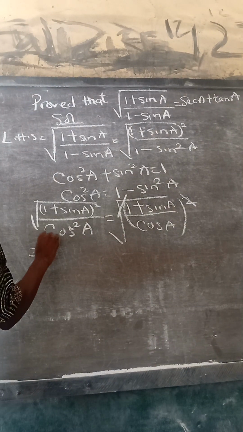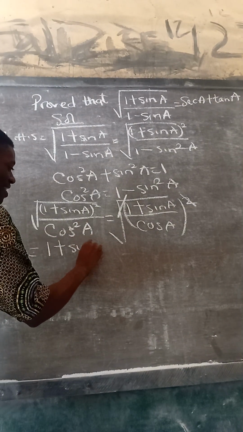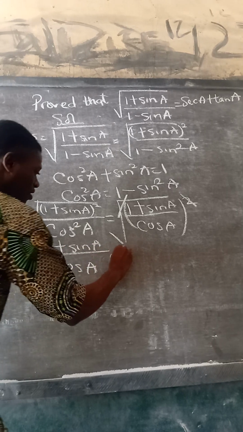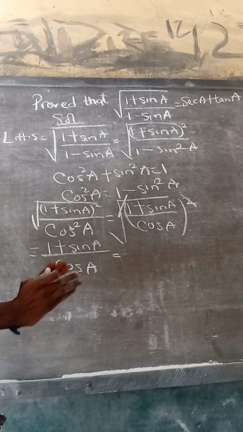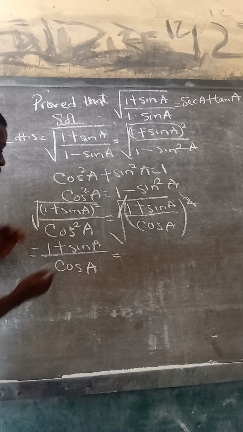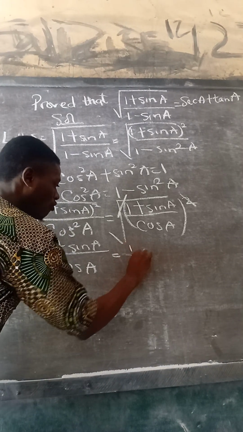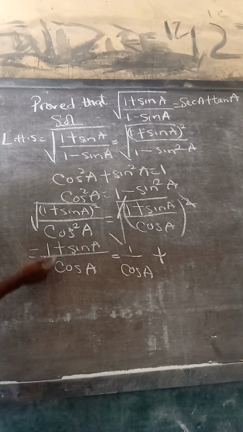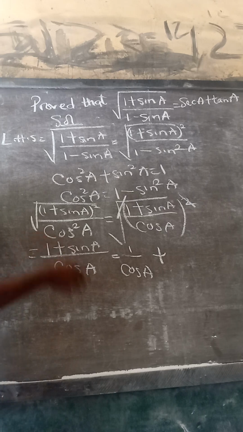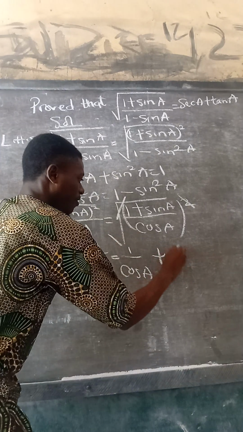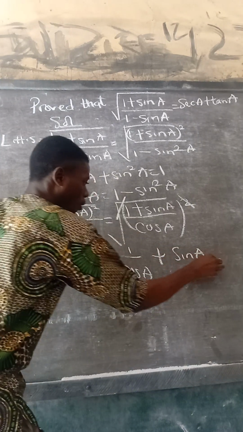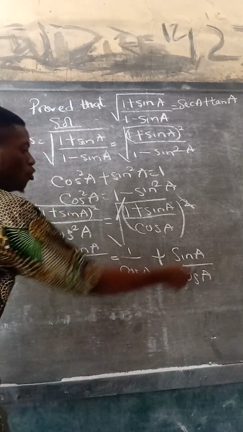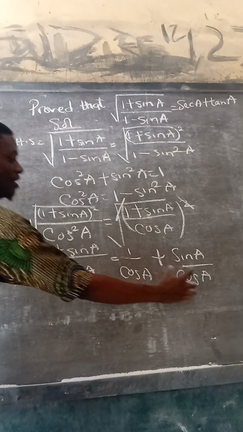We have 1 plus sinA over cosA. What are we going to do from here? We are going to split this expression. It's going to become 1 over cosA plus sinA over cosA.